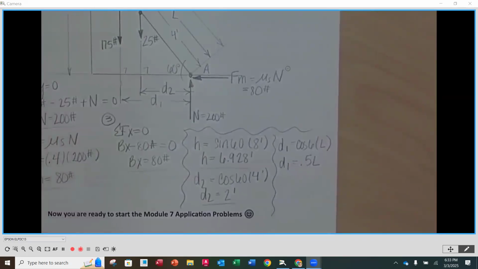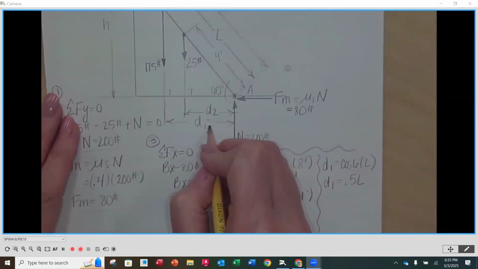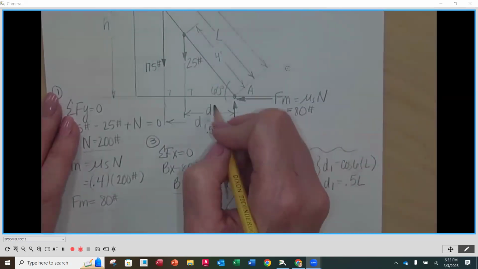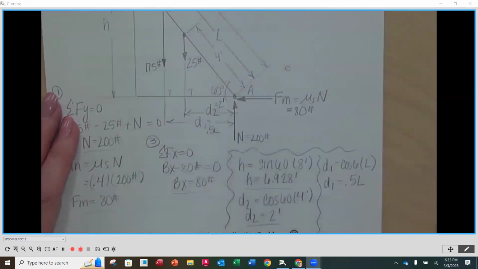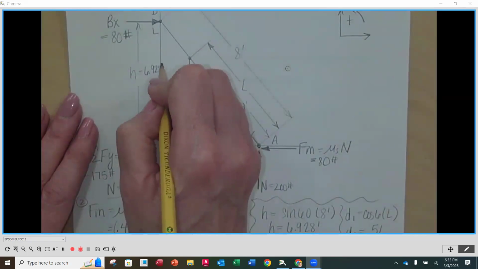Because remember, L is what we're going to solve for, how far up the ladder the 175-pound person can be. So I'm going to put D1 is equal to 0.5 L, D2 is equal to 2 feet, and H is equal to 6.928 feet.